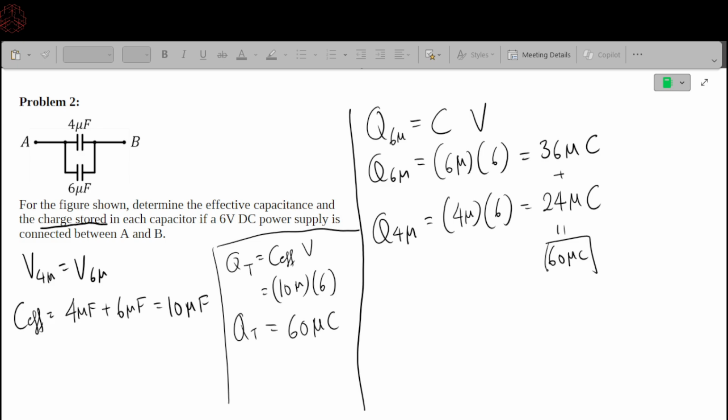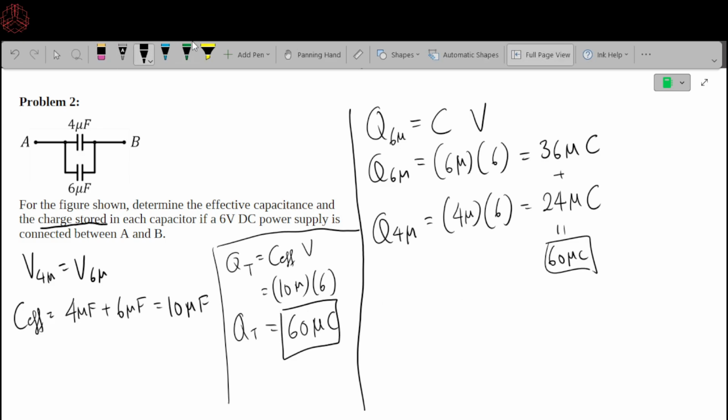So these two numbers match. Therefore, I can say this is my final answer for the effective capacitance, and these are my final answers for the charge stored in each capacitor. This is a good quick check to show that my answers make sense and nothing is out of the ordinary.